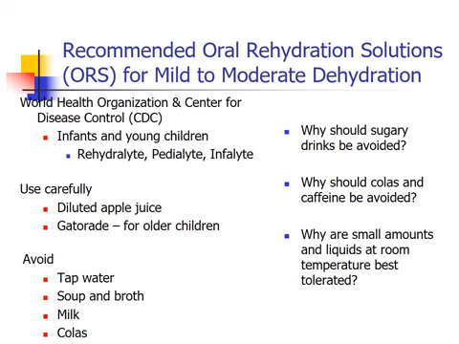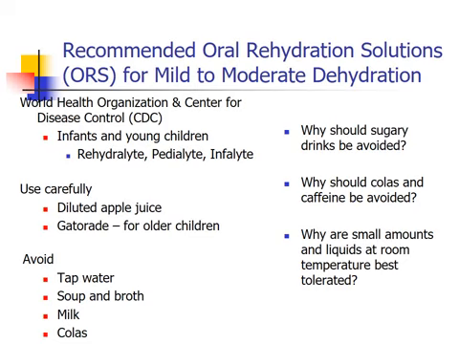Soup and broth is too salty. Milk can cause inflammation and congestion and thickening of the mucus in the respiratory system and the gastrointestinal system. And then colas can be dehydrating because they contain caffeine.